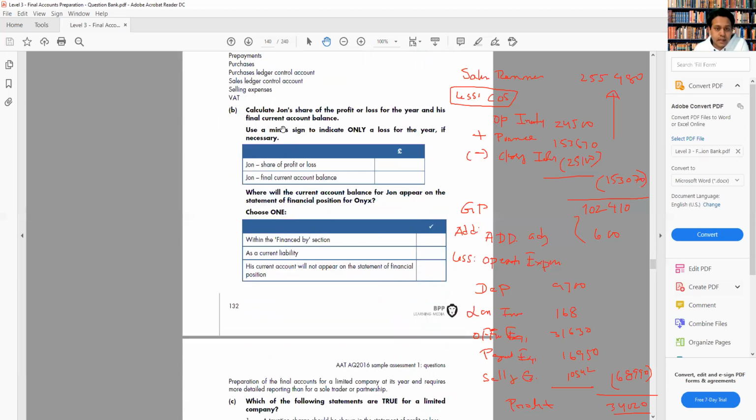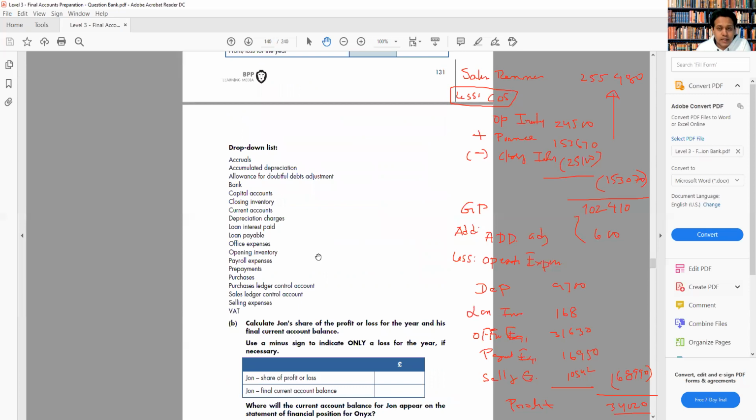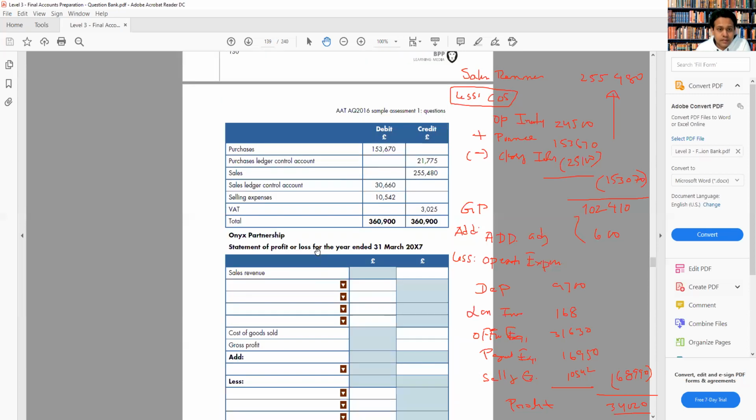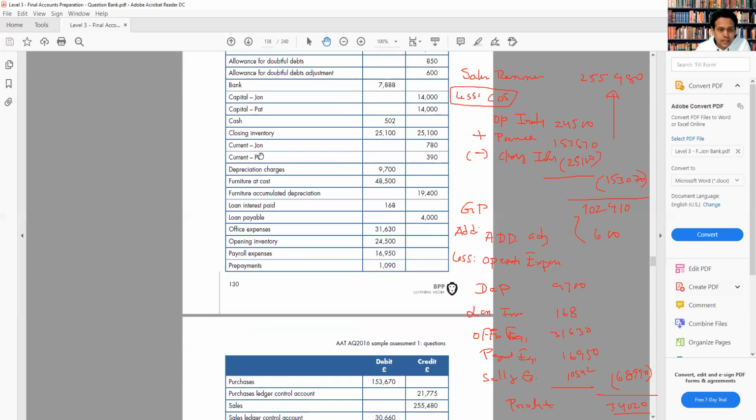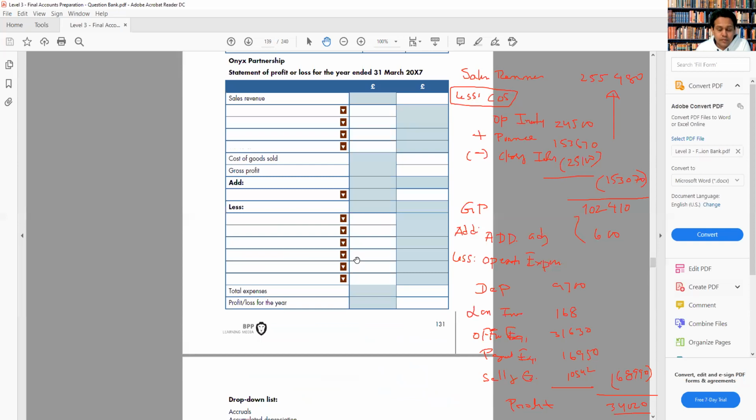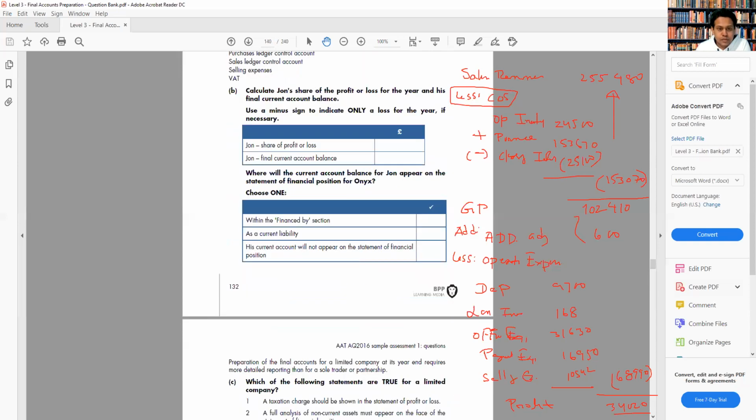All right, let's move on to the next question. It says to calculate John's share of profit or loss for the year and his final current account balance. They're getting half each, isn't it? So let's get it done. How much is John's current account balance already? John already has a current account balance of 780, and that will be added to the profit.